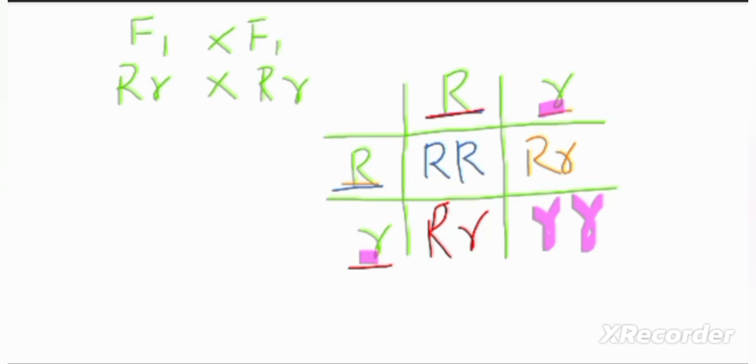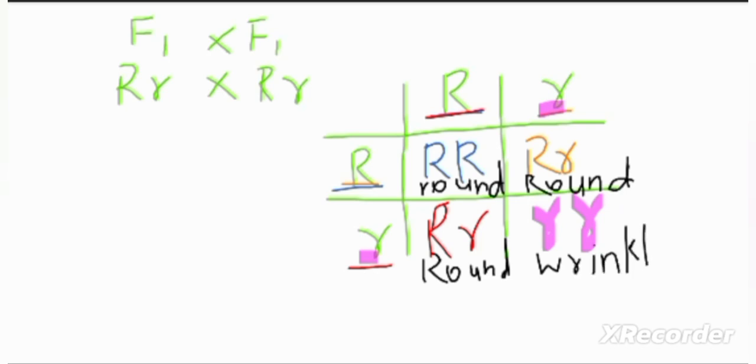So you just need to multiply these alleles. And here you can see that capital R alleles code for round seeds, capital R small r for round, capital R small r heterozygous round, small r small r homozygous wrinkled.